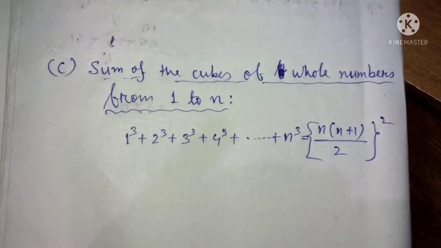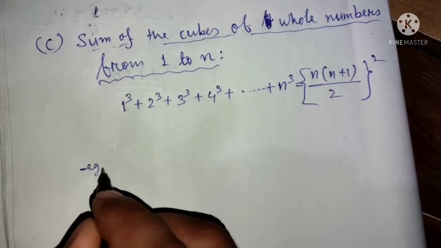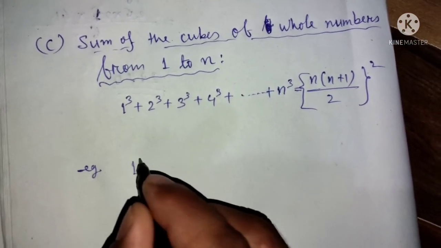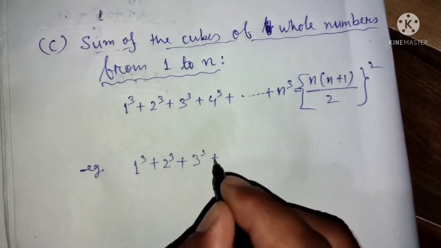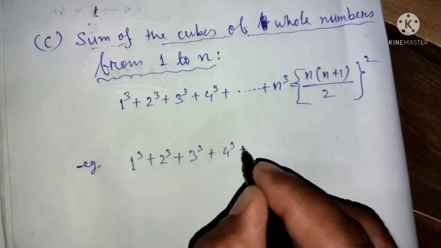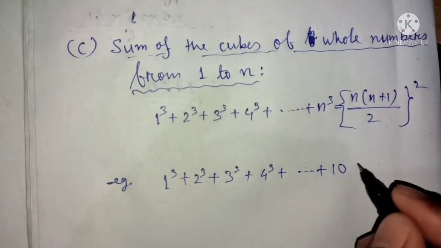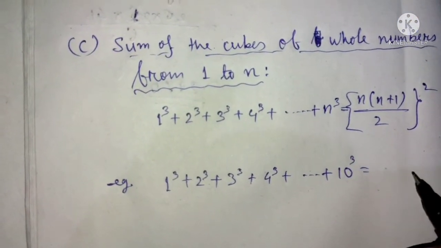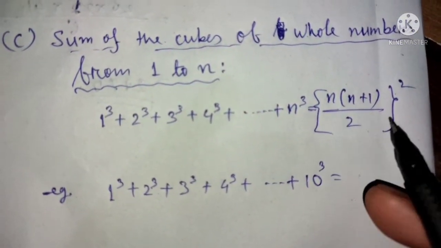As an example, we can consider 1 cube, 2 cube plus 3 cube plus 4 cube plus ..., suppose let us take a small number, 10 cube. Then how much? As like the earlier one, you just replace this n by 10.